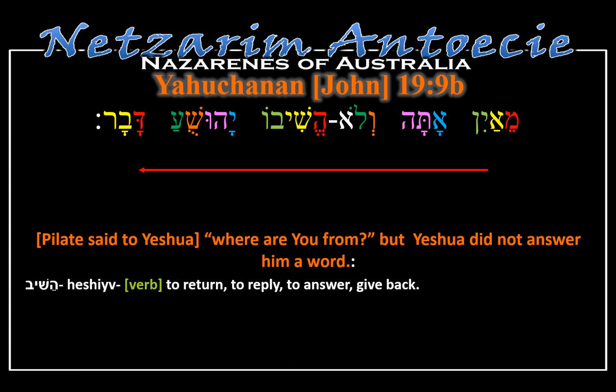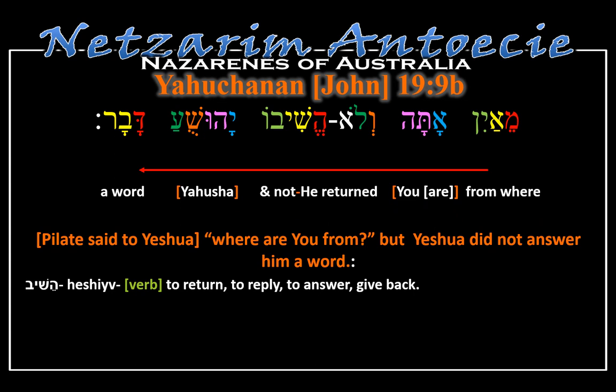Right, so it's probably a strange way of saying it, so then they translate it as where. Right, so Pilate said to Yeshua, where are you from? So that's how they translate it. But Yeshua did not answer him a word. And the translation, from where you are, and not he returned Yahusha a word.